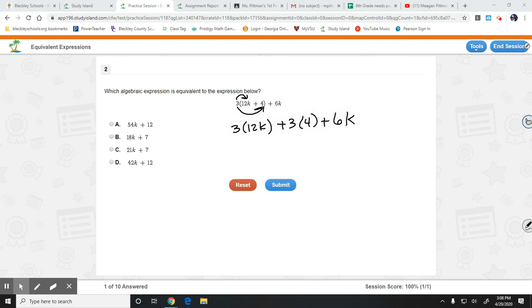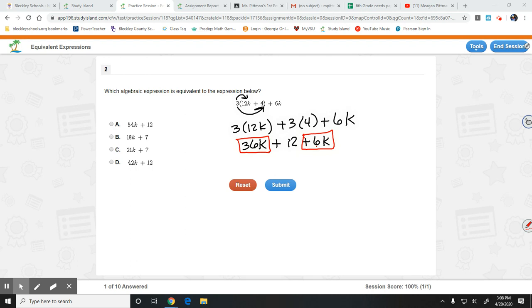3 times 12 is 36k, plus 3 times 4 is 12, plus 6k. We notice, if we box these in right here, we have two terms that have the same variable in them, so we can combine those.